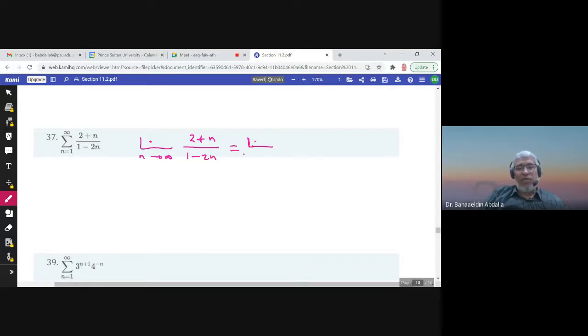And as usual, we take the terms with the highest power, so the limit would be negative half, and this is not equal to 0. So by the test for divergence, this series is divergent.